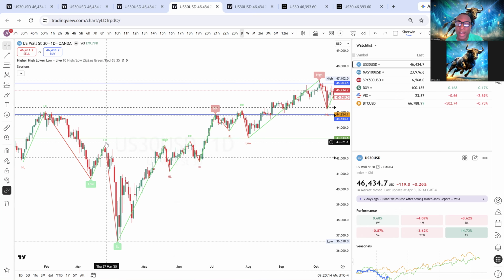Okay. Now, why are the higher lows and the lower highs so important? Because lower highs and higher lows are consolidation points. Okay? Lower highs and higher lows are consolidation points.